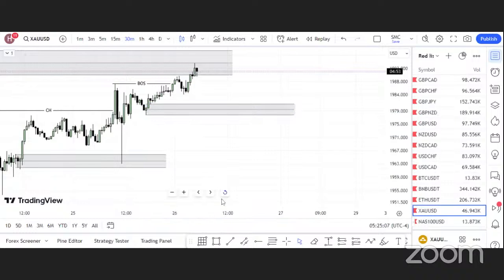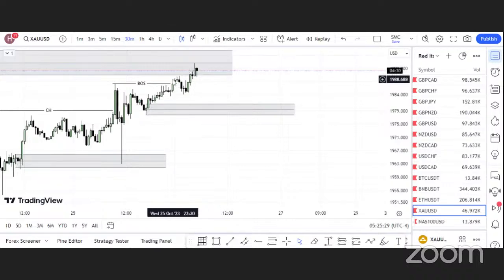So let's use our Fibo. Okay, we can't use our Fibo now because we don't have a proper reversal here. So I want to see the market making a bearish move to the downside. Then I would know if that is a valid low, a valid high.